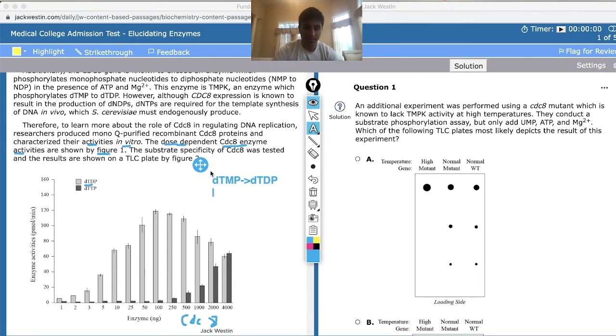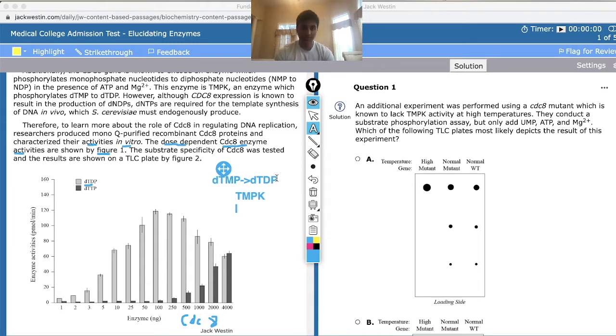So this is TMPK activity, right? It's TMPK activity because we're phosphorylating a monophosphate, right? We're phosphorylating the dTMP to dTDP, so mono to di.